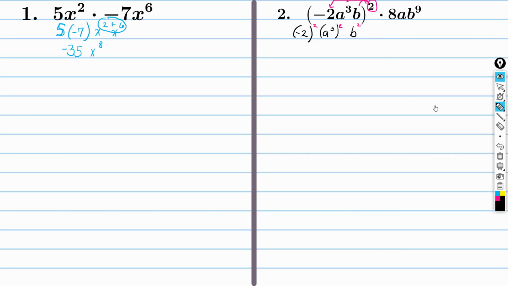And now I'm just going to bring down what I had originally, 8ab to the 9th. Negative 2 times negative 2 is a positive 4.